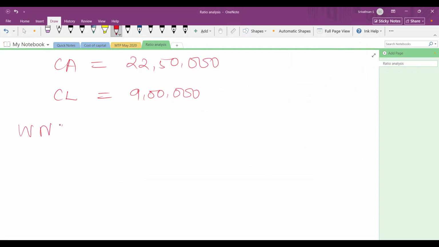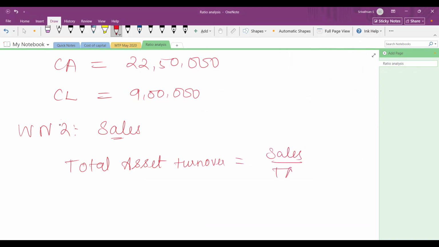Working note number 2, sales. Listen, what is the formula for total asset turnover ratio? Sales by total asset. Total asset turnover is equal to sales by total asset.